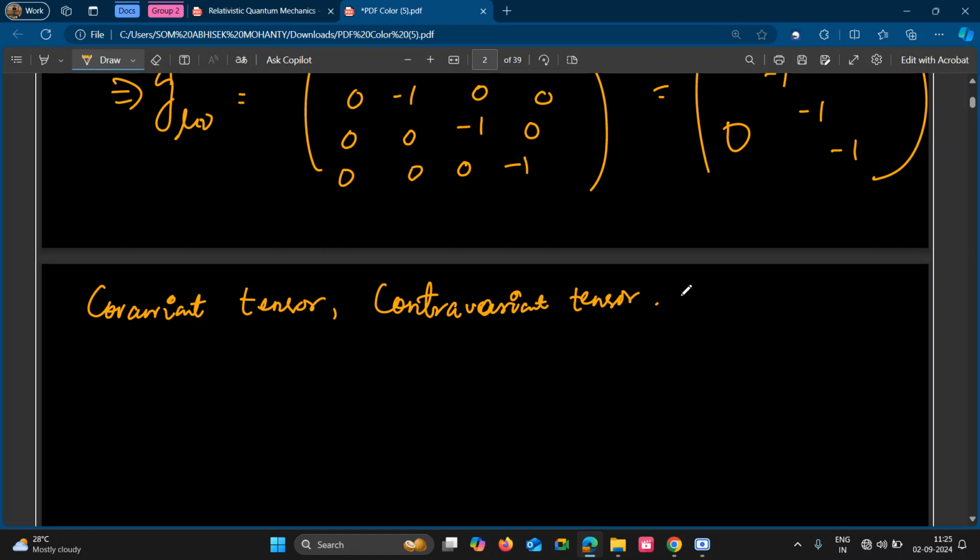Anything you see in the downside, like this one, is a covariant component, and if you see it upside, it is a contravariant component.